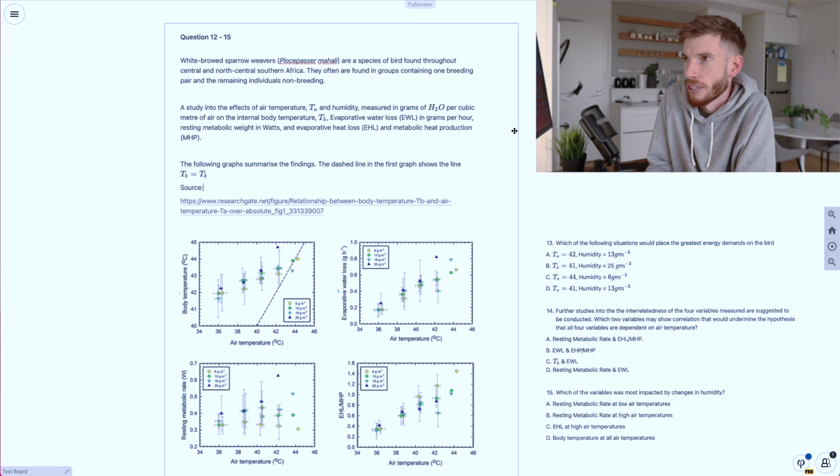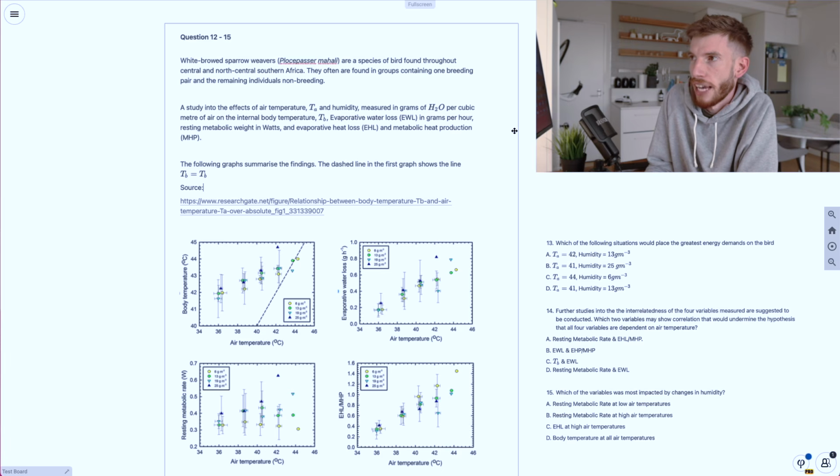They're often found in groups containing one breeding pair and the remaining individuals non-breeding. So it almost sounds like that's going to be focused on, and truthfully, if I was reading this, I would think maybe there's something to do with reproductive strategies, or maybe they're going to go into genetics or that kind of thing, but it doesn't actually go that way.